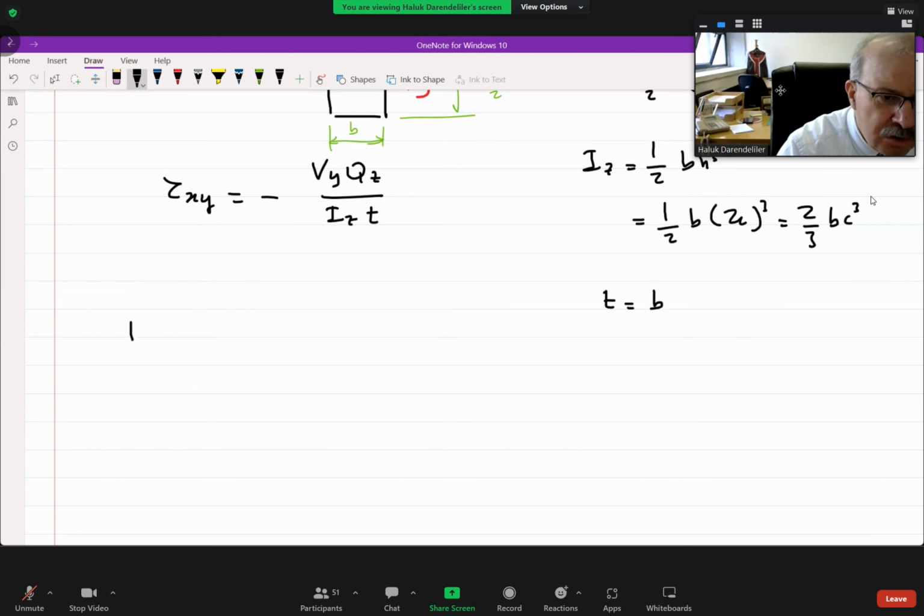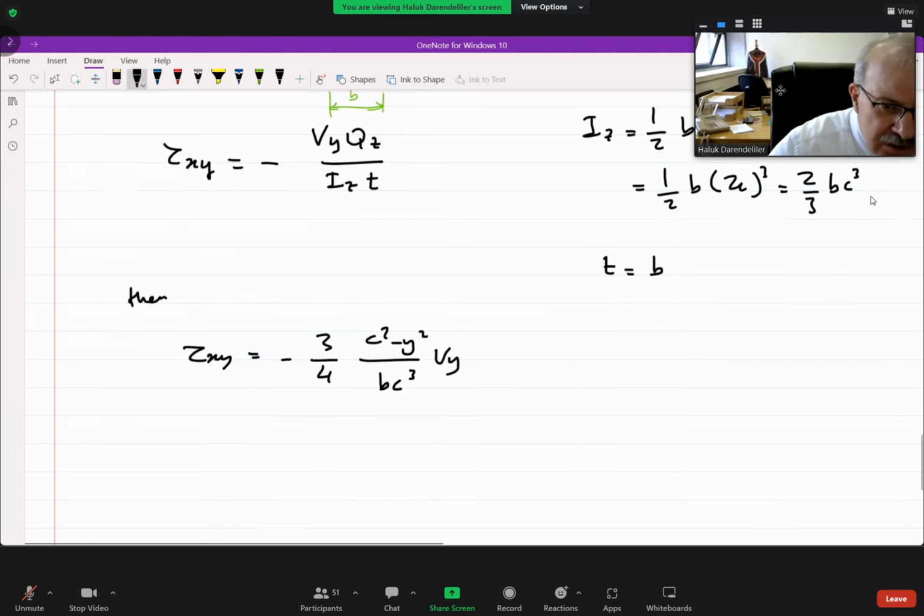Then, of course, you can easily calculate tau xy. It is equal to minus 3 over 4 times (c square minus y square) over b c cube, times Vy. So, for different y values, you can determine tau xy. Be careful, when y is equal to c, the shear stress is 0.